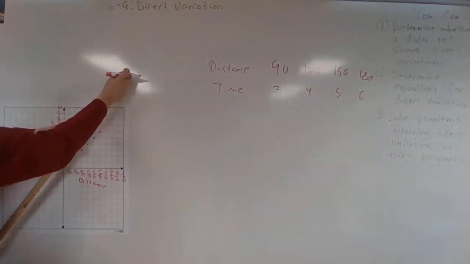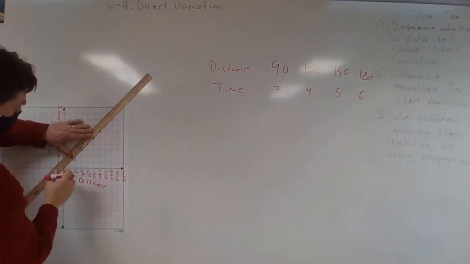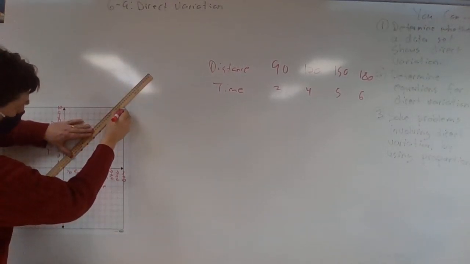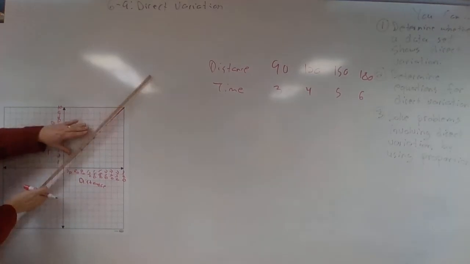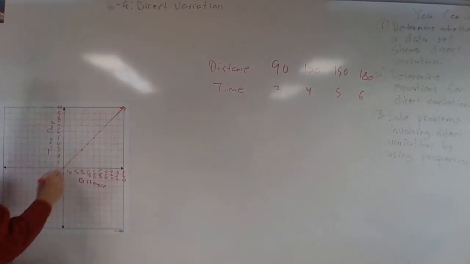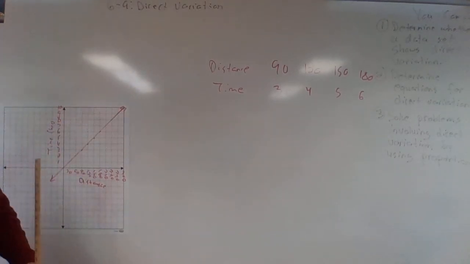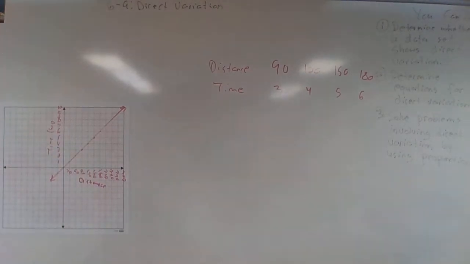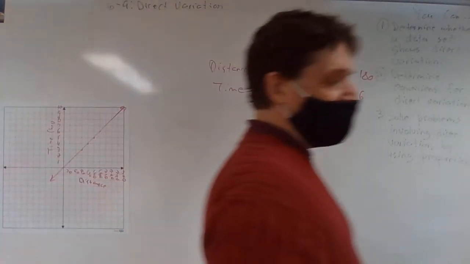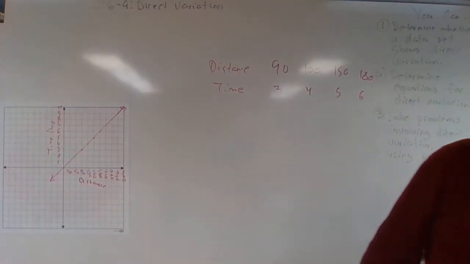Does this meet my 2 criteria? 1, does it form a straight line? Yes. Does it pass through the origin of 0, 0? Yes. Therefore, is this direct variation? Yes, it is. So if we need to graph, that's about how you do it.